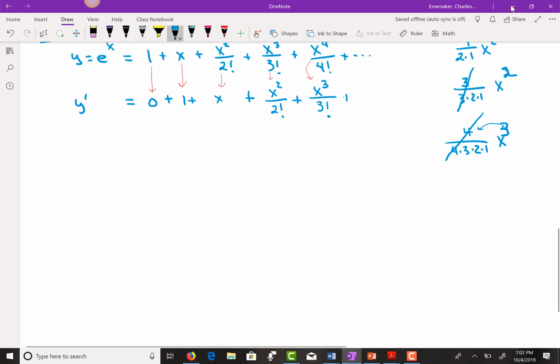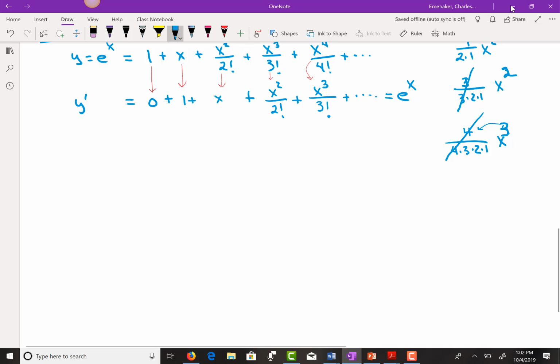Plus, and it continues like that, term by term by term. And when you get this polynomial back, that's equal to what? e to the x. Very good. So that gives you back your e to the x, which then demonstrates that the derivative of e to the x is e to the x.